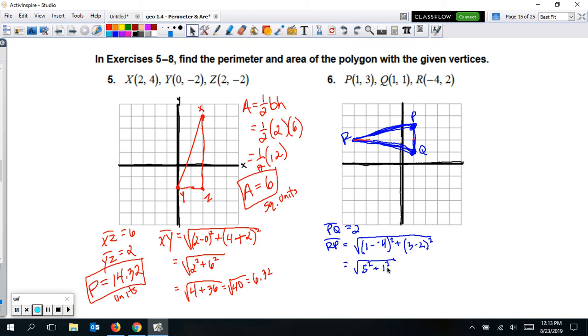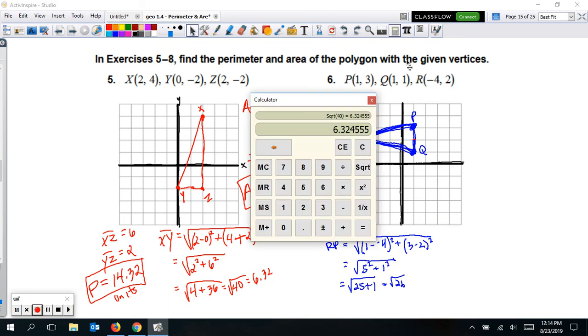So 5 squared plus 1 squared. So that's 25 plus 1. It's inside here. 25 plus 1 gives us the square root of 26. And again, we need to find the square root of that. So the square root of 26 is 5.09. I would just go now, we're going to say, round this up, which would be 5.10.